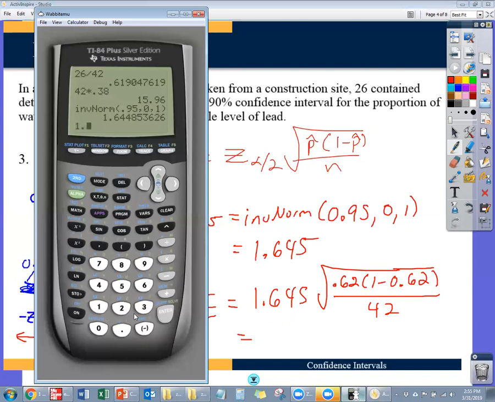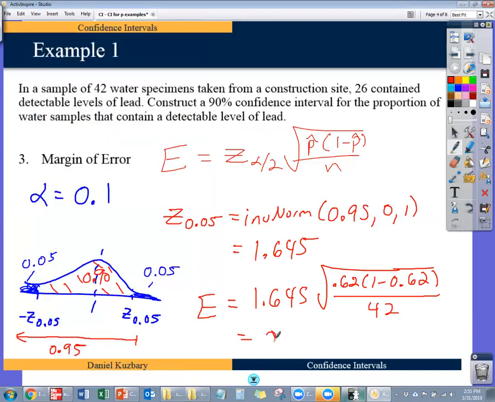I'm going to do 1.645 times the square root of 0.62 times 1 minus 0.62, and notice how I put a bunch of things in parentheses now, all over 42. That's all under the square root. And I get 0.12. I'll just round it to 2 decimals. I think that's okay. I'll do 0.12 as my margin of error.